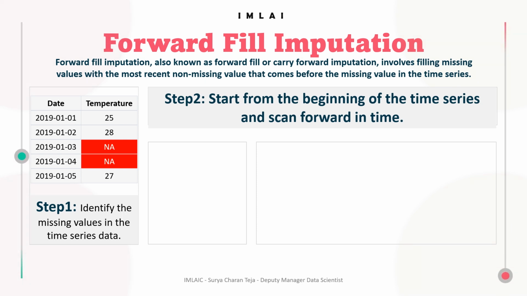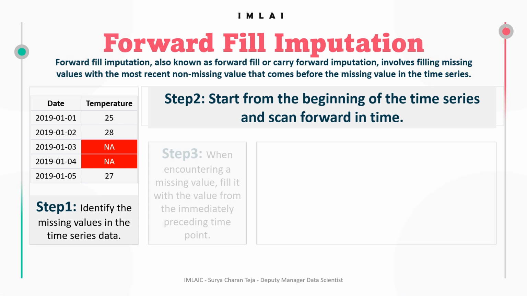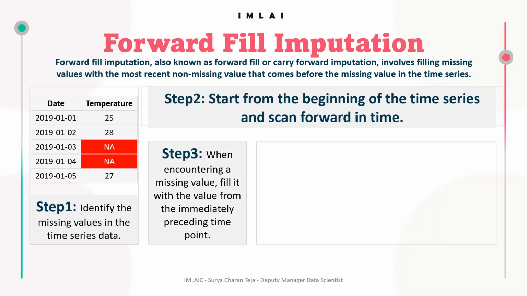Then step 3: when encountering a missing value, fill it with the value from the immediately preceding time point. That's what a forward fill is. You have to fill a missing value with the non-missing preceding value.